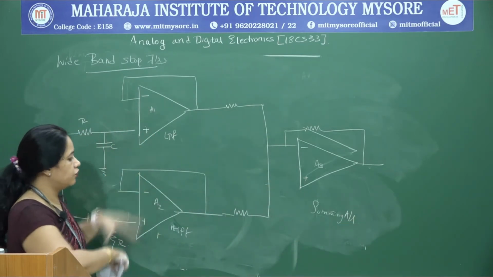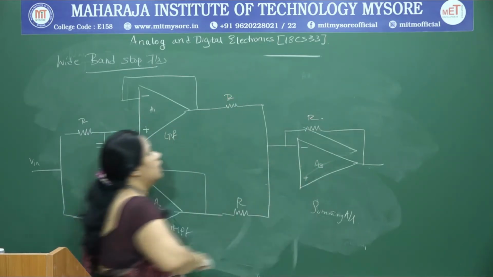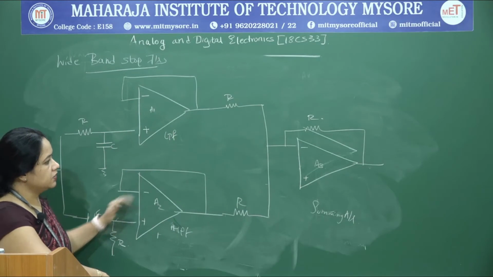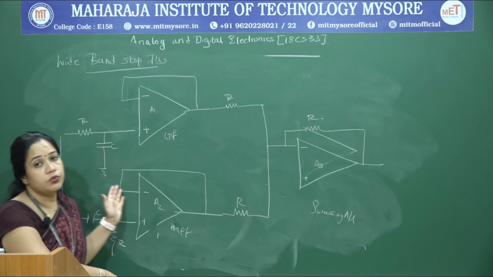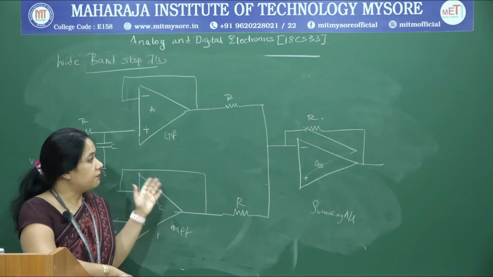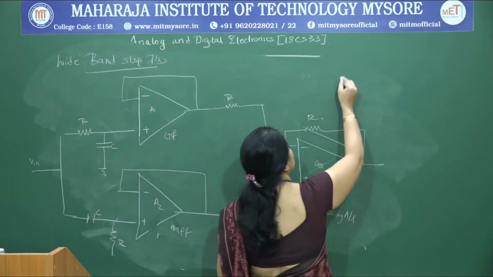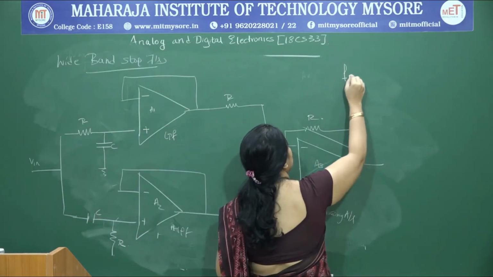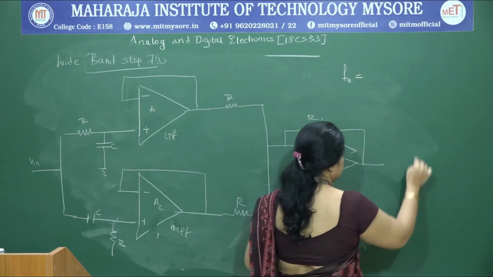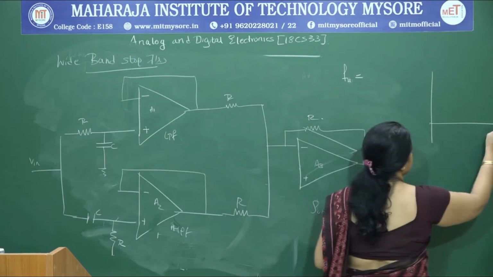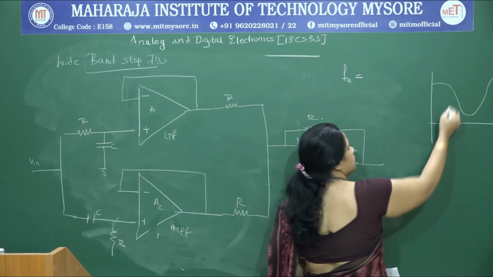You take 3 identical resistances here, a low pass filter section and a high pass filter, and add the output of these two using a summing amplifier, we tend to get a wide band stop filter. So, if you try to write the frequency response, this is how you get the frequency response.